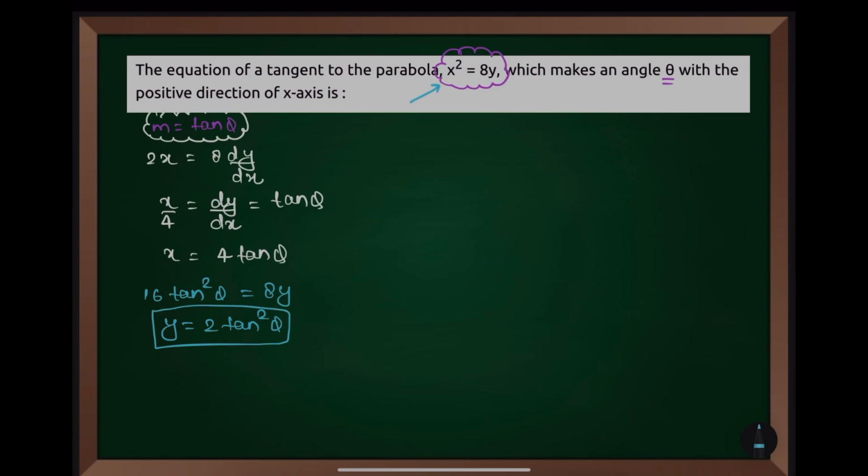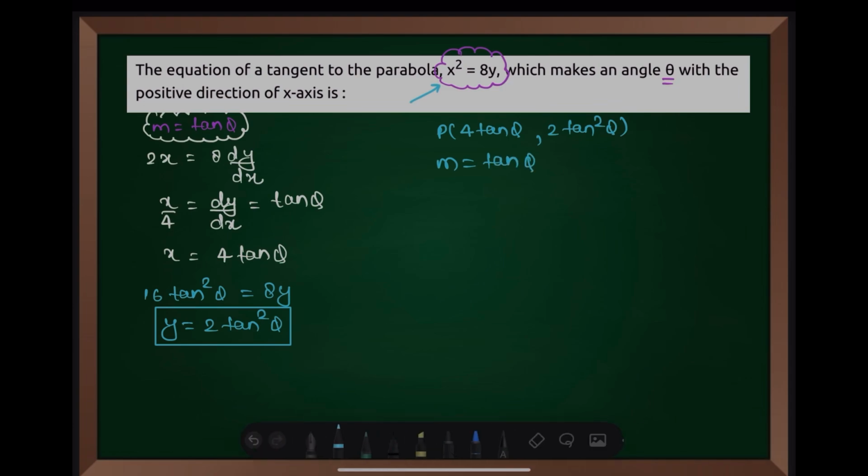Okay, so can I say that we got a point P whose x coordinate is 4 tan theta, y coordinate is 2 tan square theta, and we got slope as tan theta. Now we have to write down equation of line, correct?